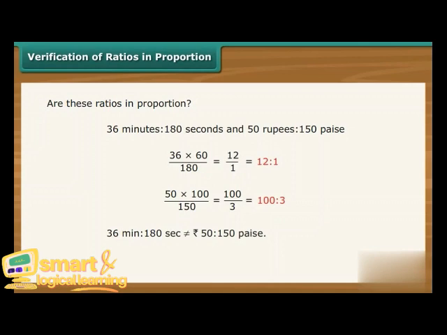Therefore, 36 minutes is to 180 seconds is not equal to 50 rupees is to 150 paise. The ratios are not in proportion.